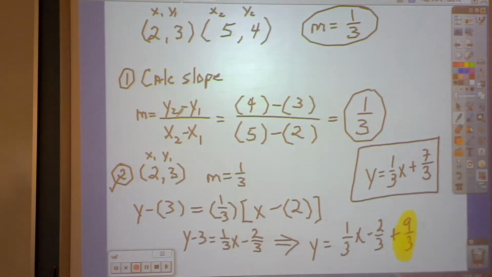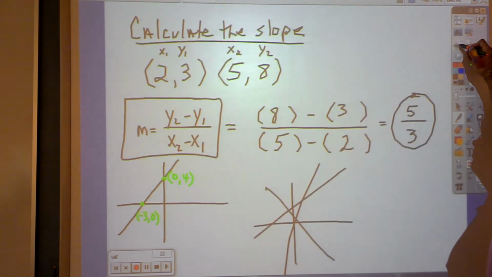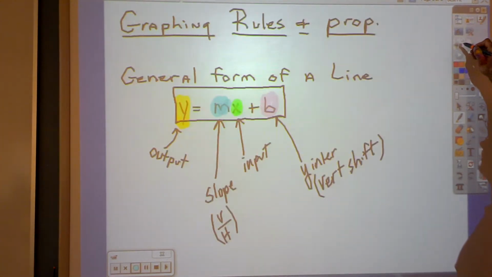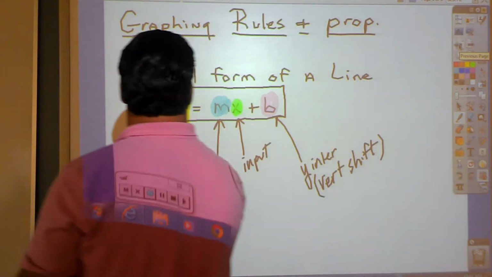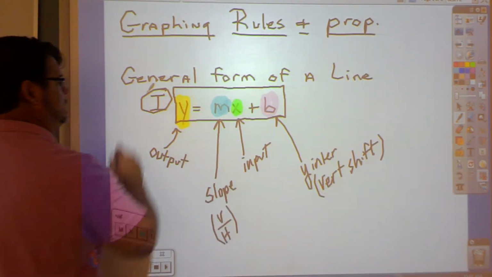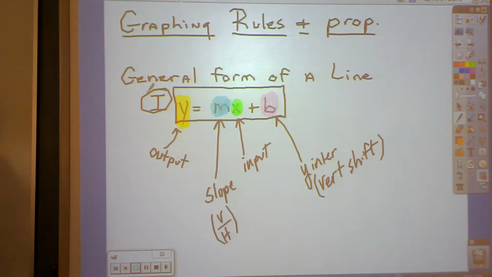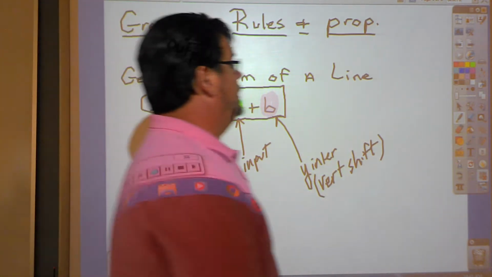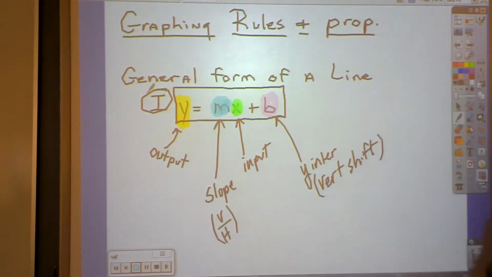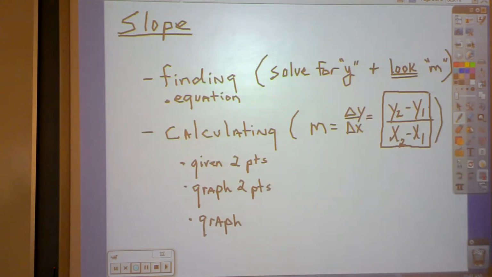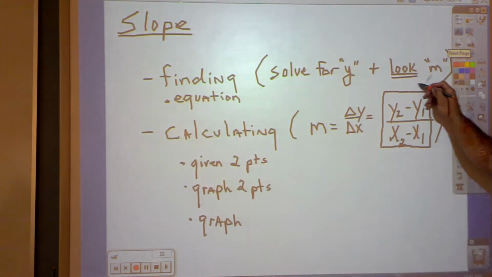Now, let's review. Here is the number 1 thing you need to remember. And that is the general form of a line. Number 2, you need to remember this guy.